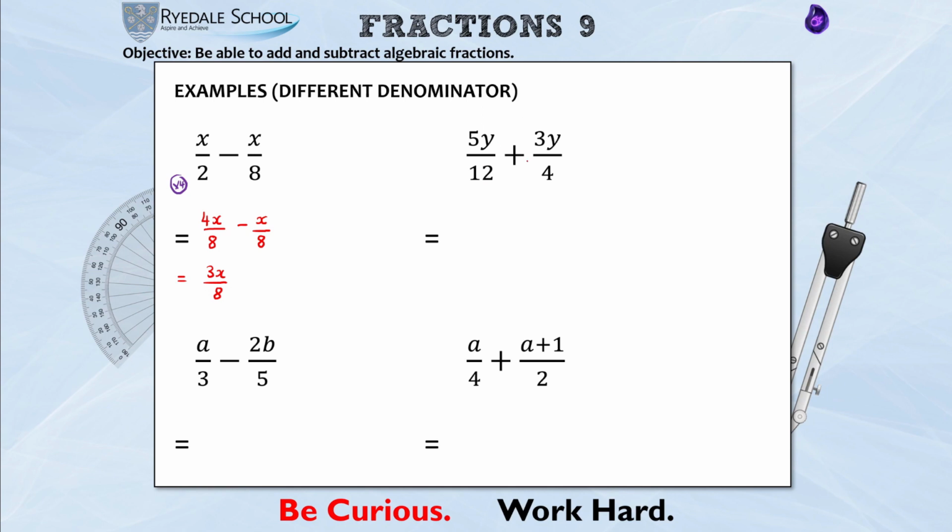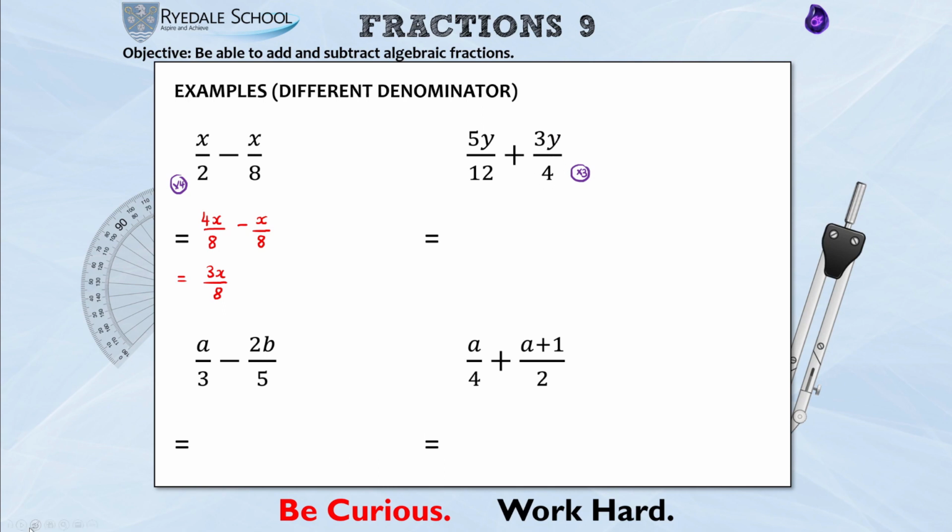We've got 5y over 12 and 3y over 4. Can you see which one of these fractions needs multiplying? We can find the common denominator by multiplying this second fraction by 3. If I multiply the top and the bottom by 3, this will be 12.